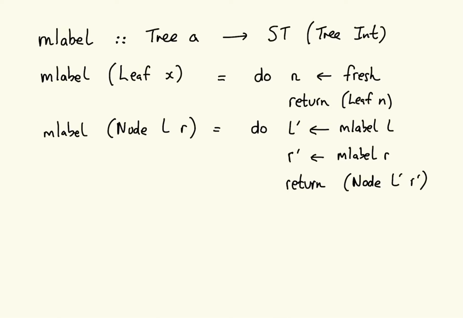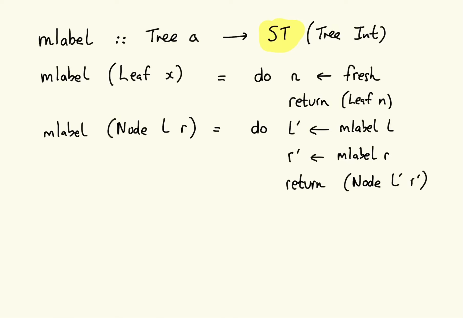I think this is a much cleaner and much nicer program than the manual one that we just wrote, which had all this spaghetti plumbing of labels all over the place. In particular, there's no plumbing of labels anymore because that's all handled for us behind the scenes with the ST machinery. Above the waterline, we just program in the way that we would normally like to think, kind of operationally.